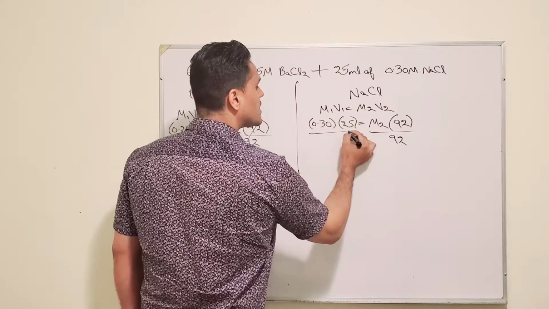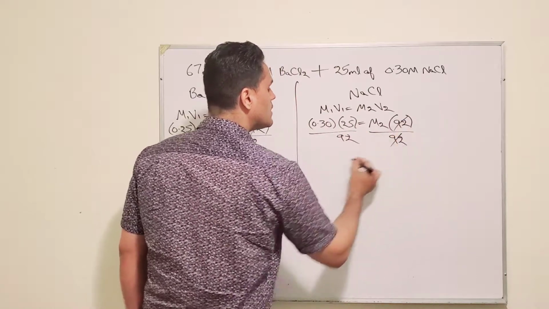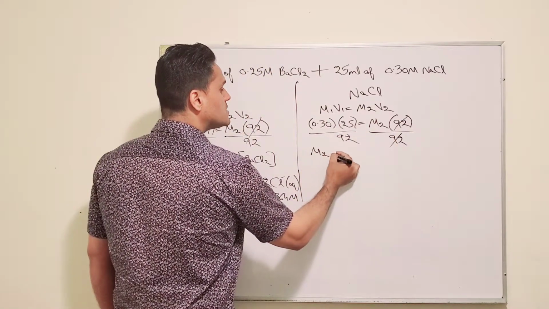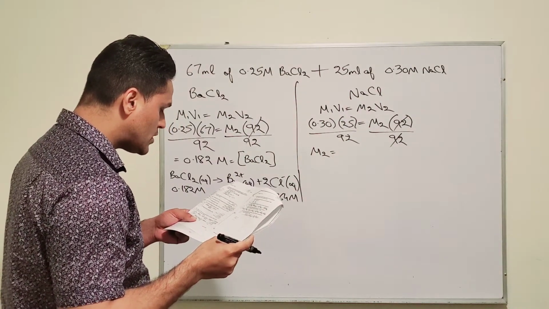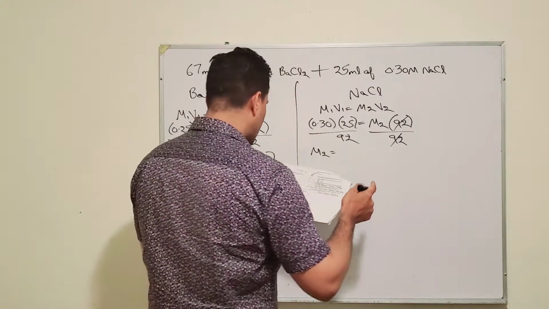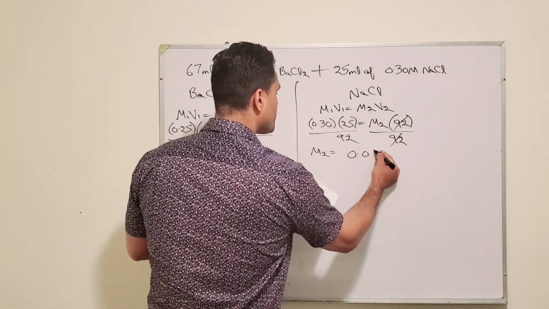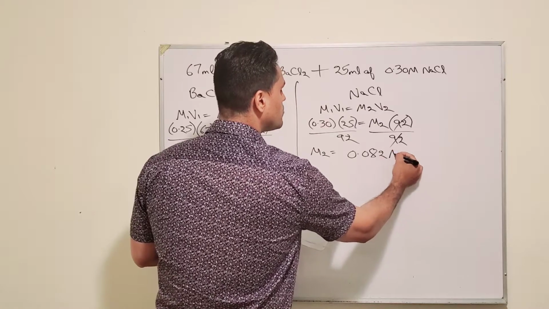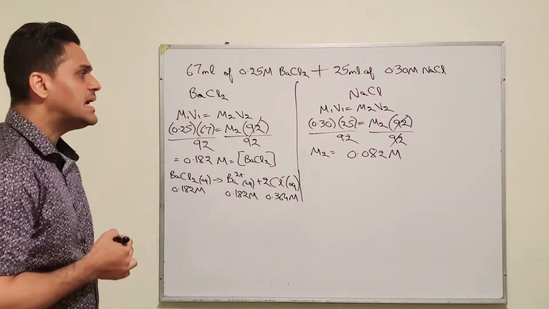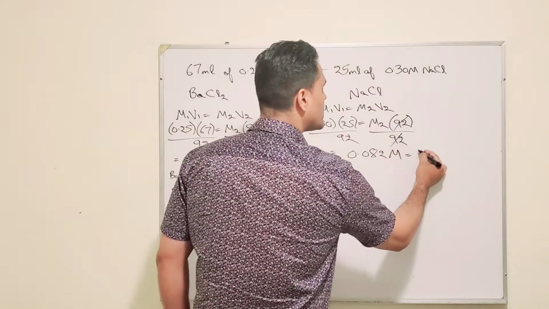You're going to divide both sides by 92. And if you punch it in properly, your final answer should be 0.082, roughly 0.082 molar. And that's your final concentration of NaCl.